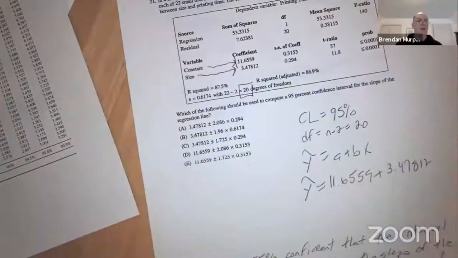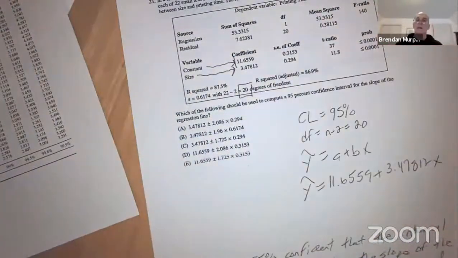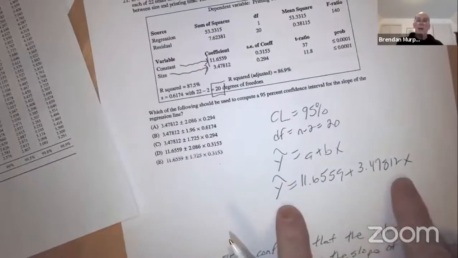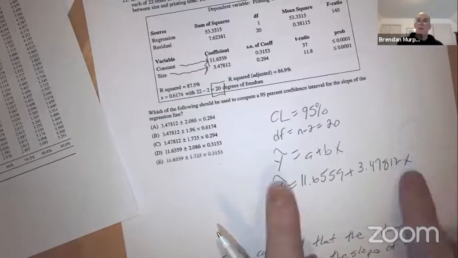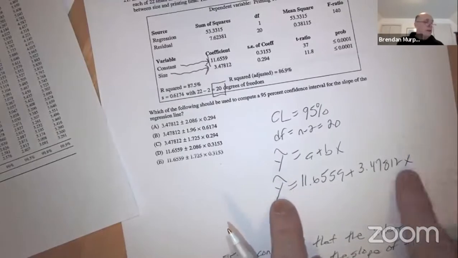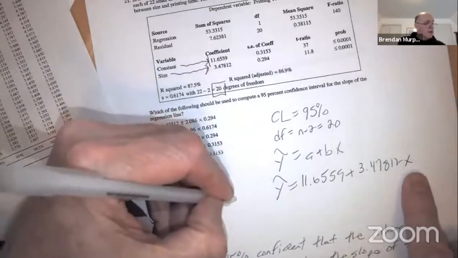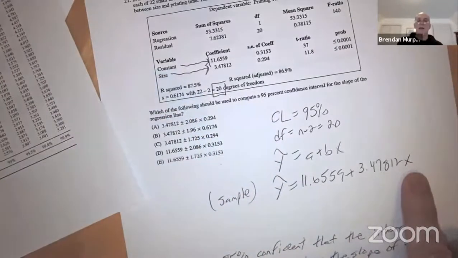I'll put all those decimals down, times x. Again, on a free response question, I would never leave my least squares regression line like that. I would identify both those variables. And since these are English letters and not Greek letters, I'm going to call this my sample least squares regression line based upon, again, those data points.